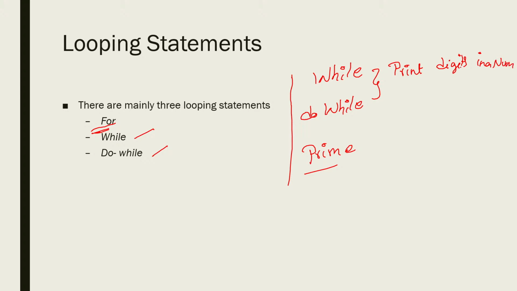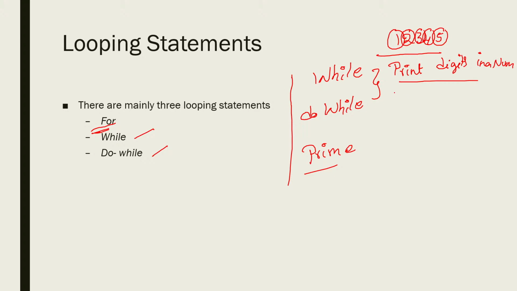Assume that I am giving 1, 2, 3, 4, 5. I need to print every individual digit separately. Okay, like this I need to print every digit.